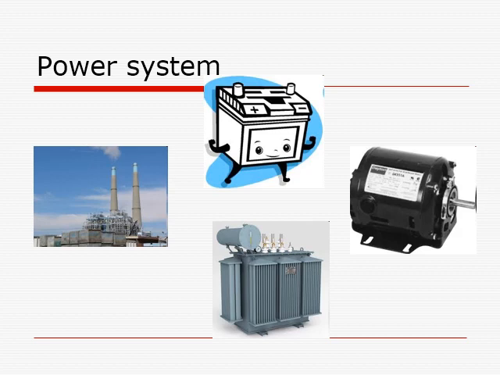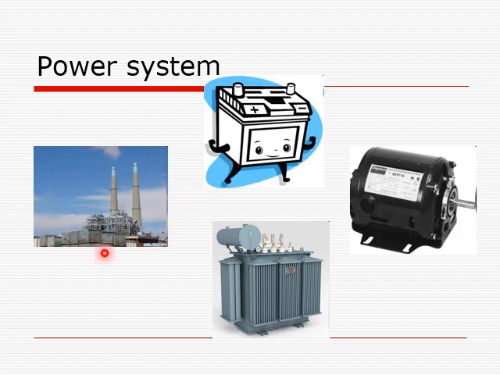One really important subsystem is the power system. No matter what your device is, whether it's for communication or for signal processing, a power system is a must. It's something you must have. For example, a battery changes chemical energy into electrical.